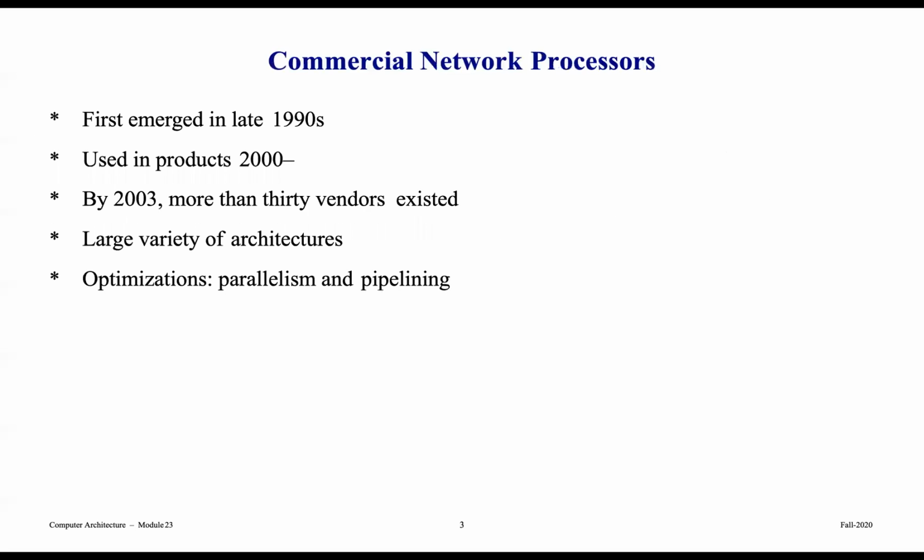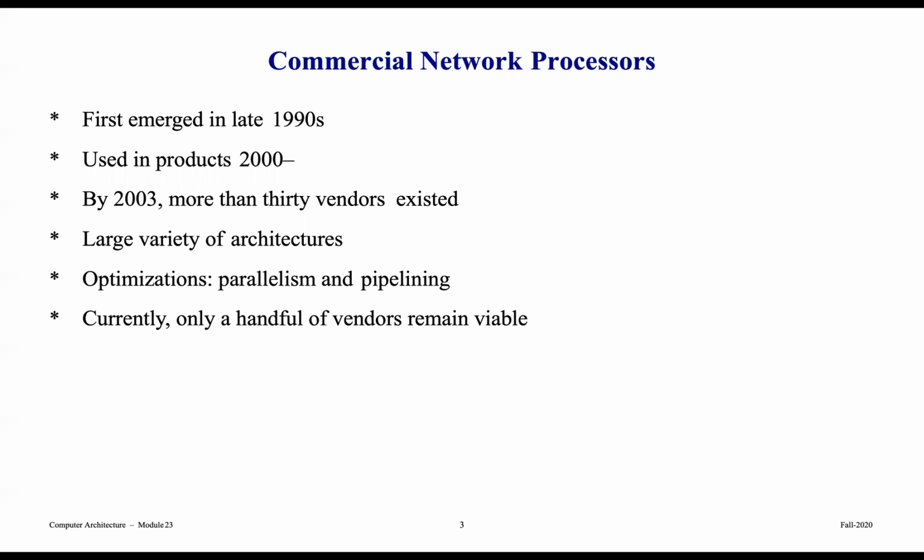In terms of commercial network processors, these first started to come out in the 1990s when the dot-com boom and the internet started to come together. They've been used in products since 2000, and by 2003, more than 30 vendors existed with a large variety of architectures, and optimization was done with parallelism and pipelining.